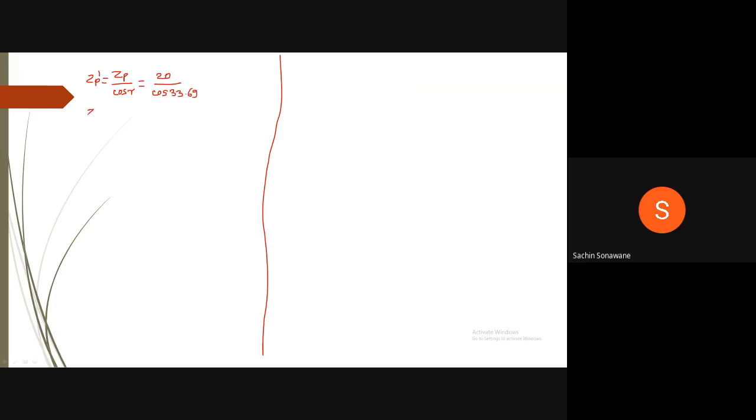What is the virtual number of teeth? 24.03, which means 24. Already they have given Y in the problem, which is 0.33712. Now, determine sigma b. Sigma b is equal to SUT divided by 3.